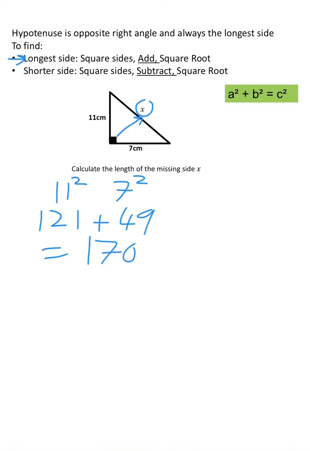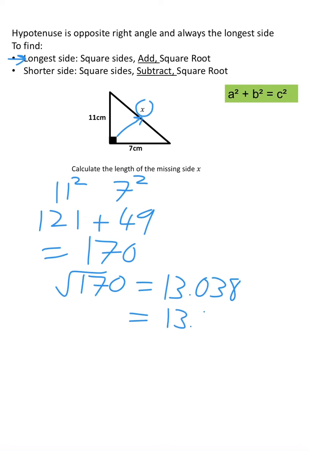And then the final step, we square root. So square root of 170 is 13.038. So we'll just say to one decimal place for this, so it will just be 13. And to one decimal place.